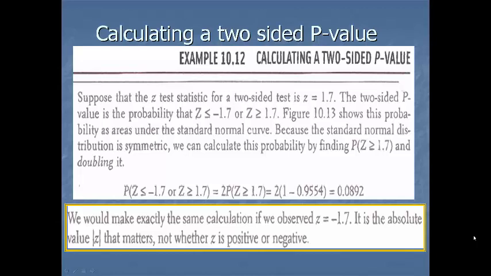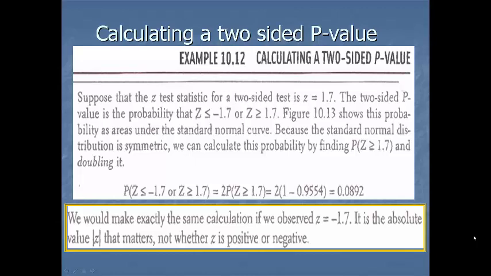So we find the probability for the z-score of 1.7, subtract that value from 1, and since it's two-tailed, we have to double that. So it's 1 minus 0.9554, and then we double it, and our probability is 0.0892. Well, if we look at that, that's greater than 5%, and it's greater than 1%, obviously.